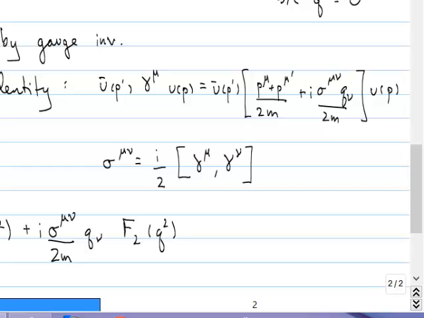The name of the game, then, is to compute f1 and f2. But before I do that, I just want to spend a few minutes talking about the physics of what's going on here, and physically how I should interpret these functions f1 and f2.